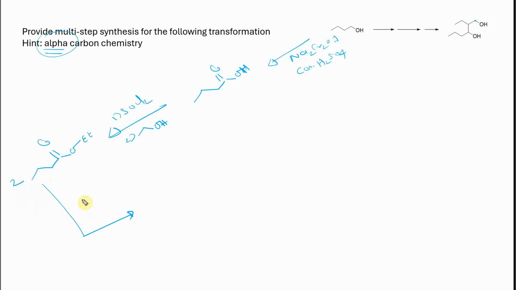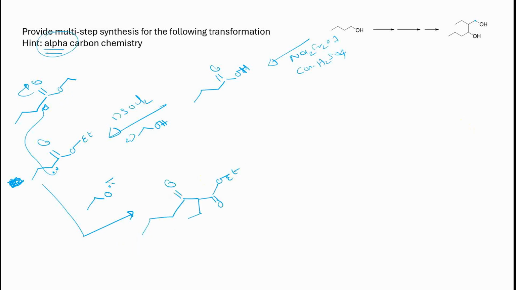So 2 molecules of this treated with sodium ethoxide, what happens is you will generate your enolate on one of the esters, and that is going to attack that carbon center, opens that up, and when the oxide comes back in, this ethoxy group is going to leave. So you are going to get your Claisen product there.